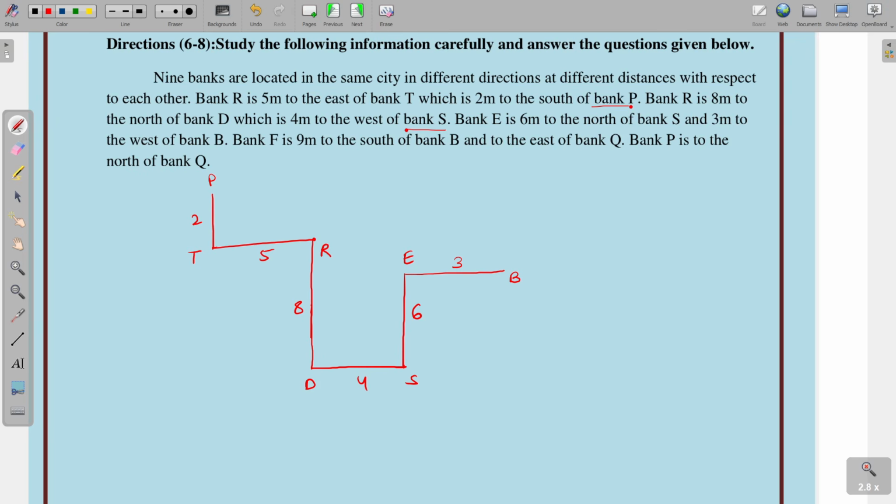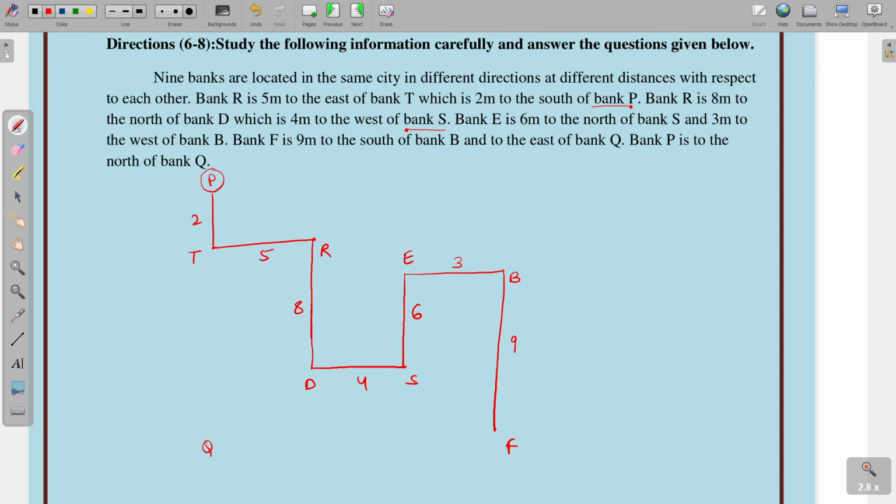Next, bank F is 9 meters to the south of B and to the east of bank Q. So, F is east of bank Q and bank P is to the north of bank Q. So, P here, and Q is placed here.